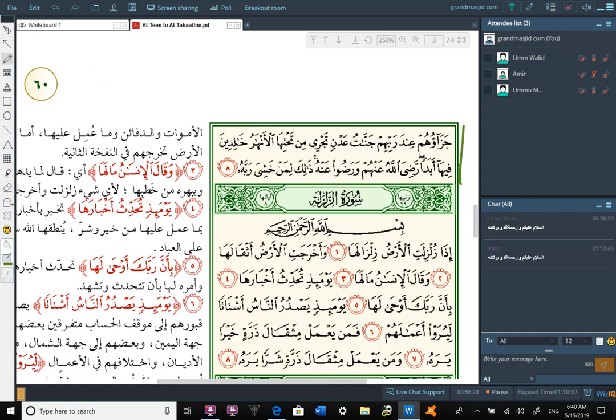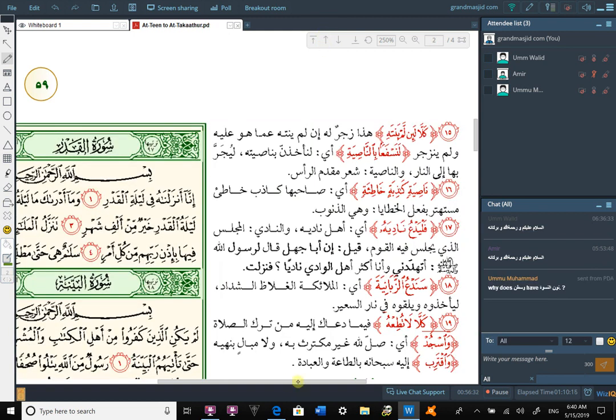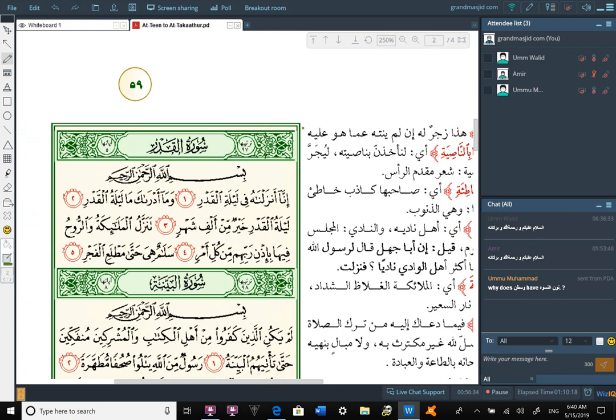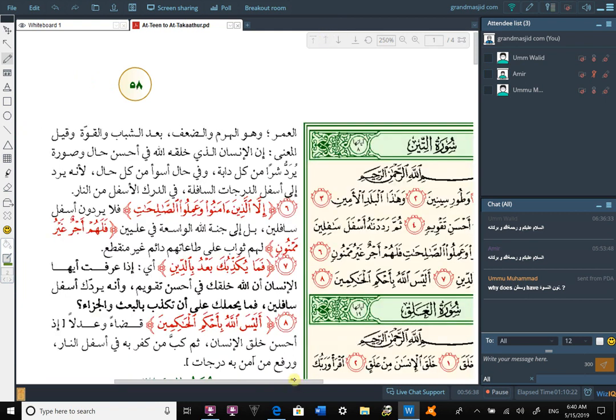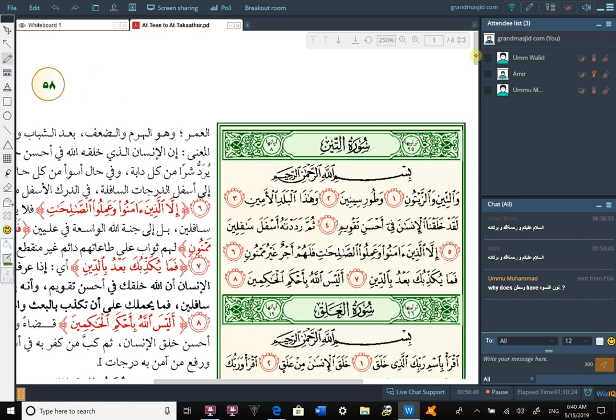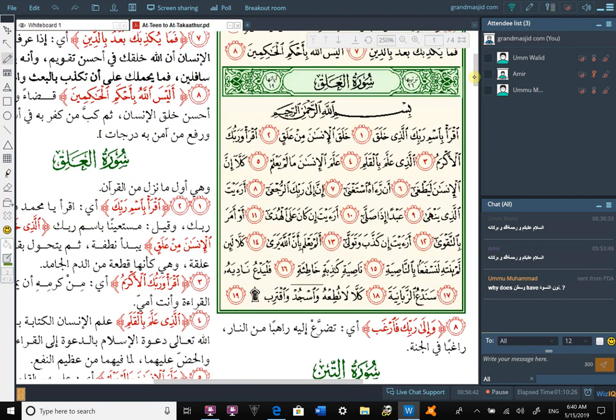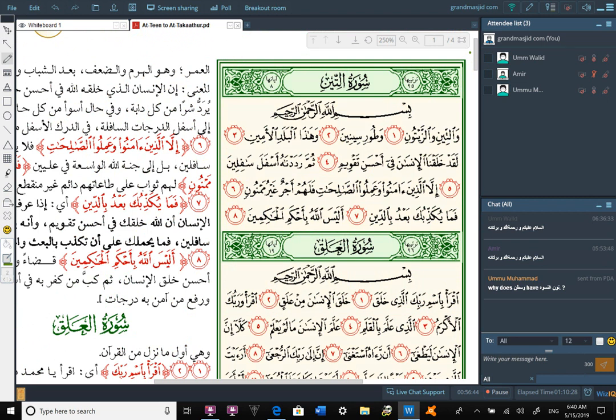So it will take us the full hour, bi'idhnillah ta'ala, right? Hopefully no more than that, but definitely, Allah knows best, the full hour to cover these. And then after that we will have 2 more surahs on Yawm al-Jumu'ah, which will take us the whole hour. And then after that we'll figure out what we'll do, because the pages will be broken up in a much more difficult fashion.